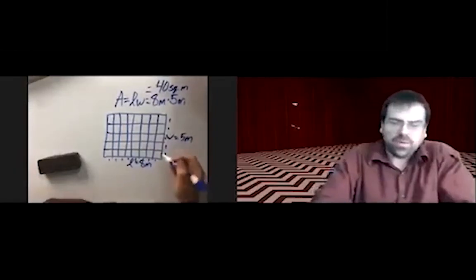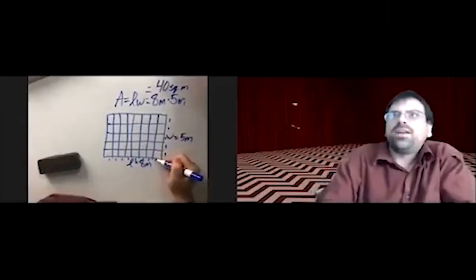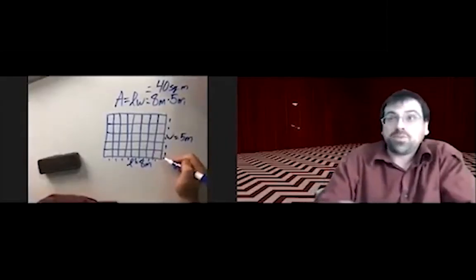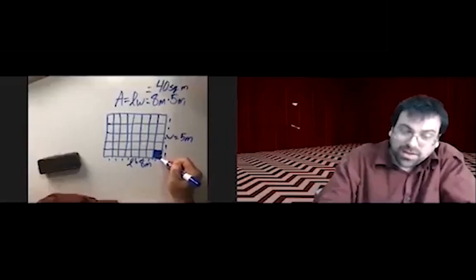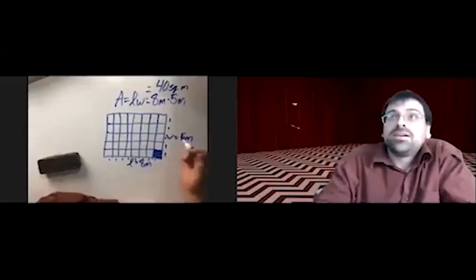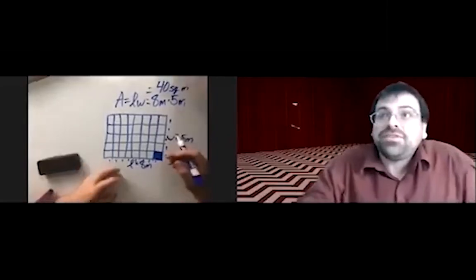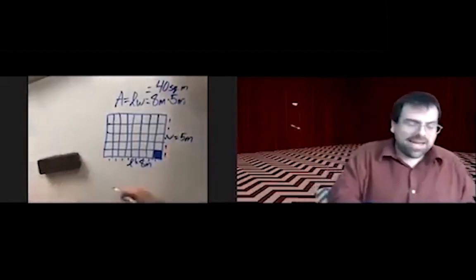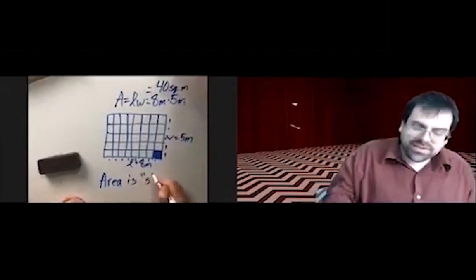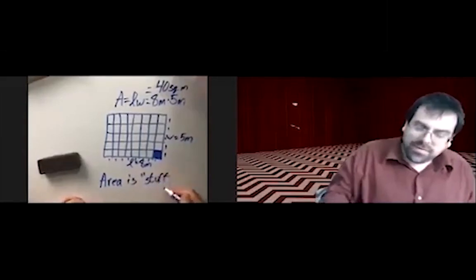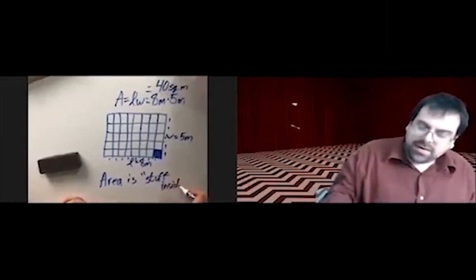So there's 5 that way. And these are 1 by 1, which makes them squares. These are squares that are 1 meter long. They are square meters. And how much stuff is inside? That's area. Area is the stuff inside.